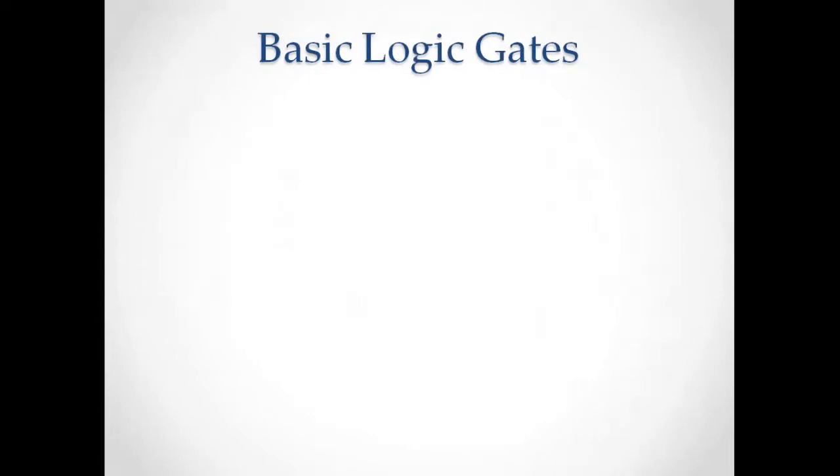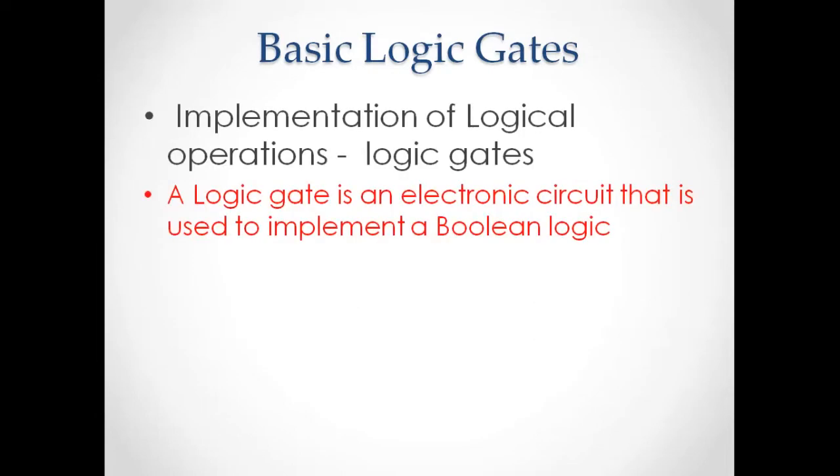To perform any logical operations, we use an electronic circuit. These electronic circuits which perform the logic operations are known as logic gates. The electronic circuits which perform or satisfy the basic logic operations, that is the AND, OR, and NOT operations, are obviously called basic logic gates.